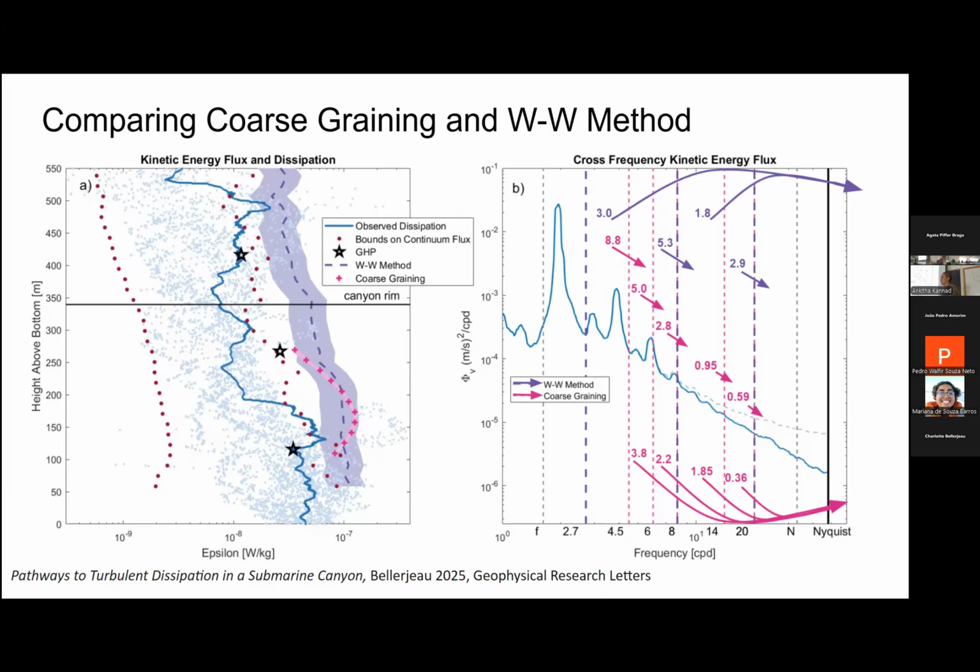And the biggest qualitative difference between them is that when you assume weak nonlinearity, you get a much more even distribution of energy transfer across scales. So with this method, almost half of the energy has dissipated before you even cross 6 cycles per day, whereas this one is spread a little bit more evenly across the bins. And I wish the bins were the same size and in the same place, but they're not.